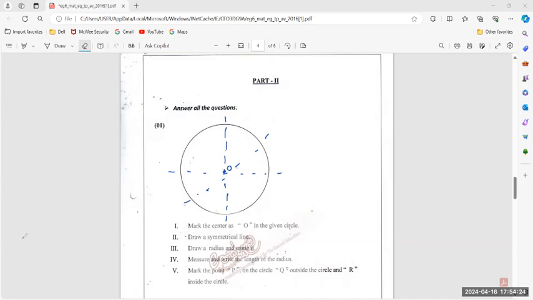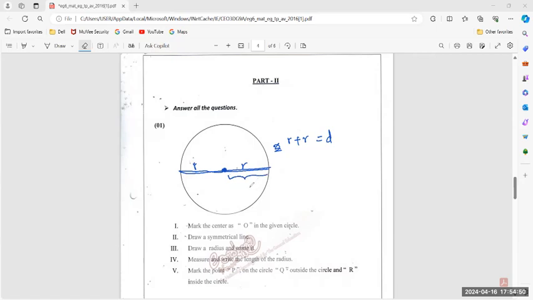Draw a radius and name it. So the radius is from the center like this. So this is a radius. So two radius together is the diameter. So if it comes like this, here is also R. R plus R is a diameter. So this might be a diameter, but here this is a radius.